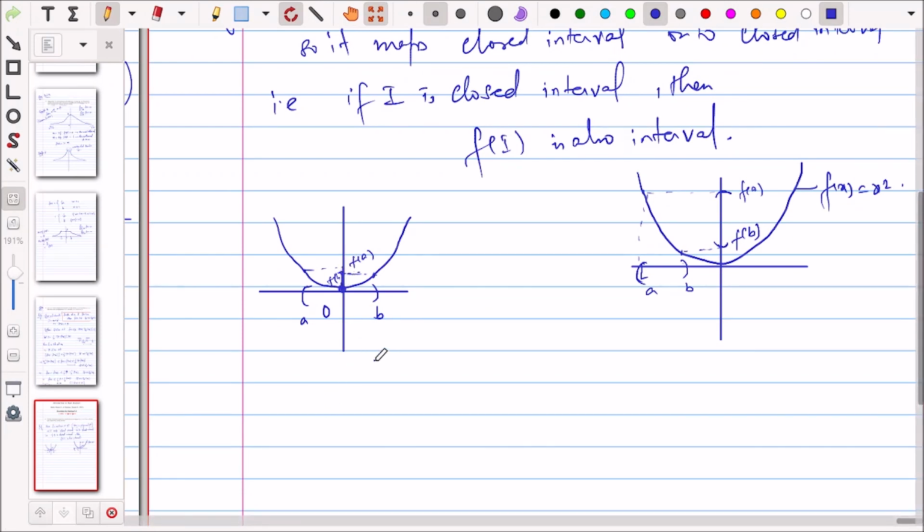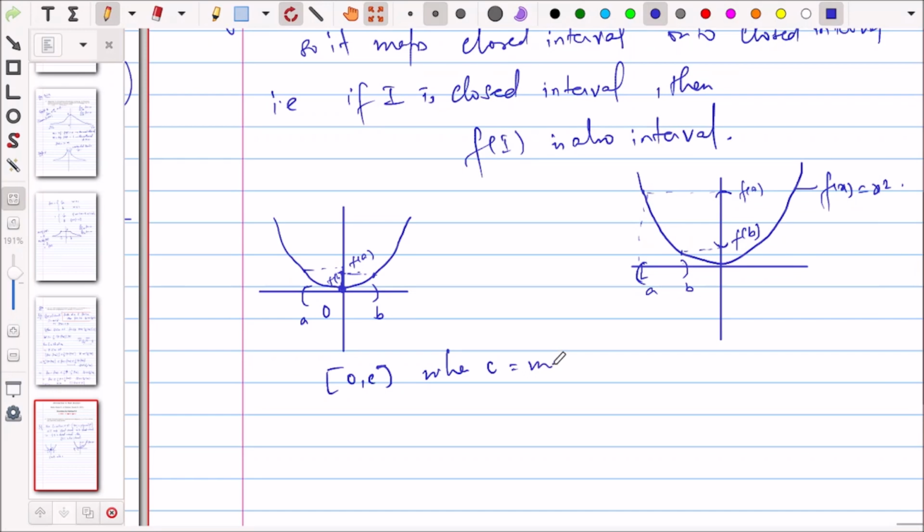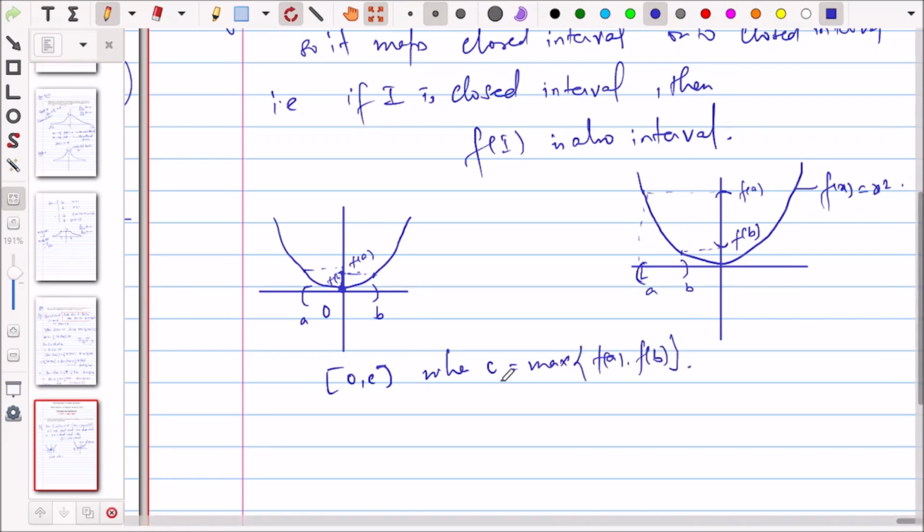So it is basically the interval from 0 to c, where c is the maximum of f(a) or f(b). So this is the main idea.